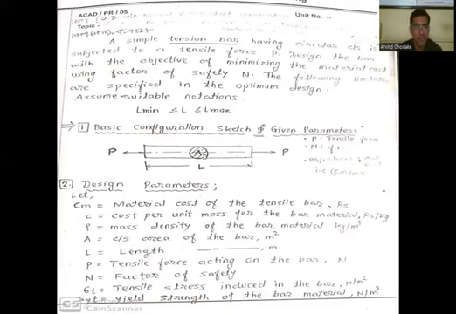A is the cross sectional area of the bar in meter square. L is the length of the bar in meter. P is the tensile force acting on the bar in Newton. N is the factor of safety. Sigma T is the tensile stress induced in the bar, Newton per meter square. SYT is the yield strength of the bar material in Newton per meter square.